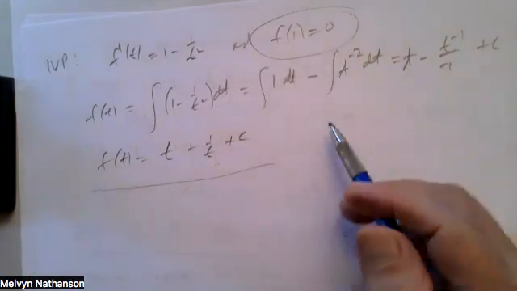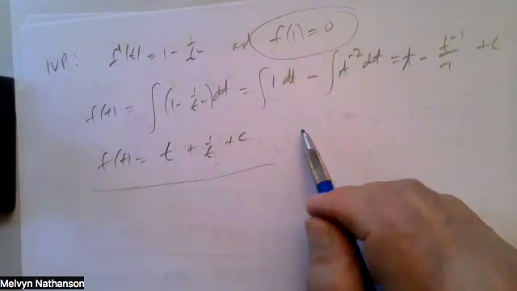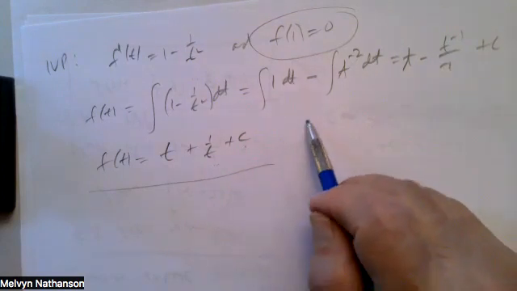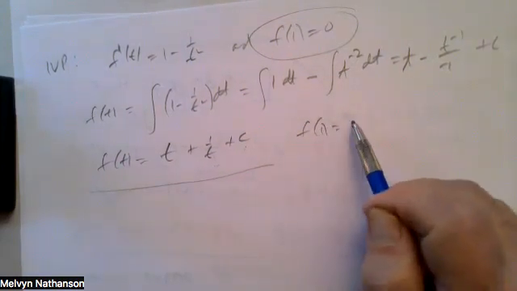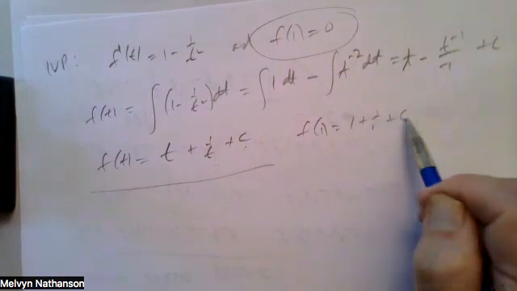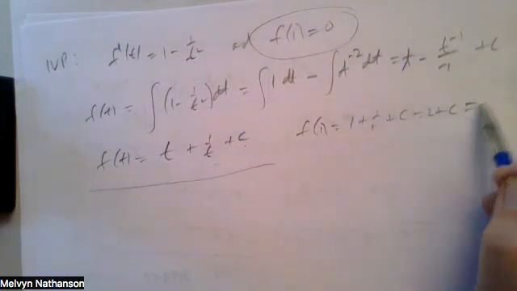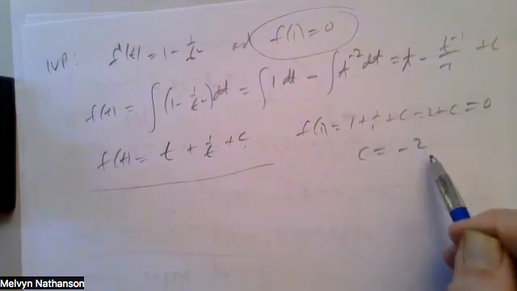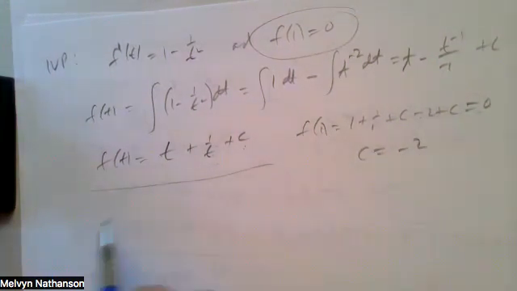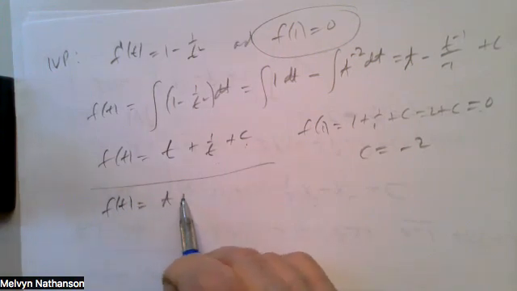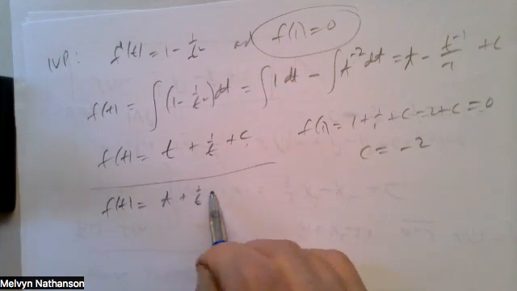But we also have this condition to satisfy. That should determine the value of the unknown constant c. So f of 1 is 1 plus 1 over 1 plus c, which is 2 plus c, and that's supposed to equal 0. So c has to equal minus 2. So the solution of the initial value problem is t plus 1 over t minus 2.